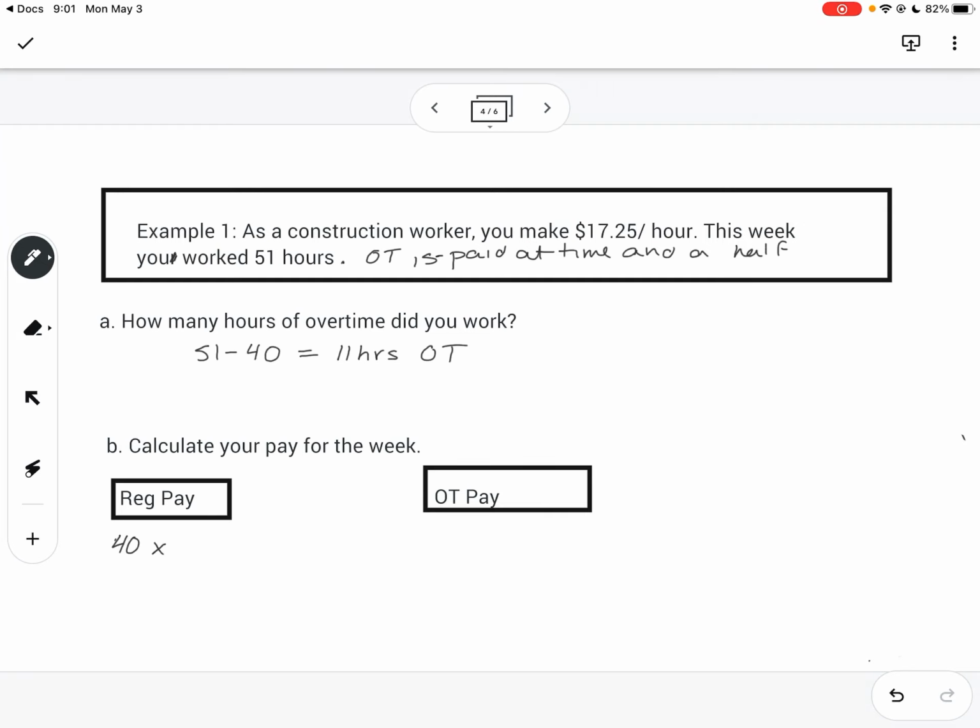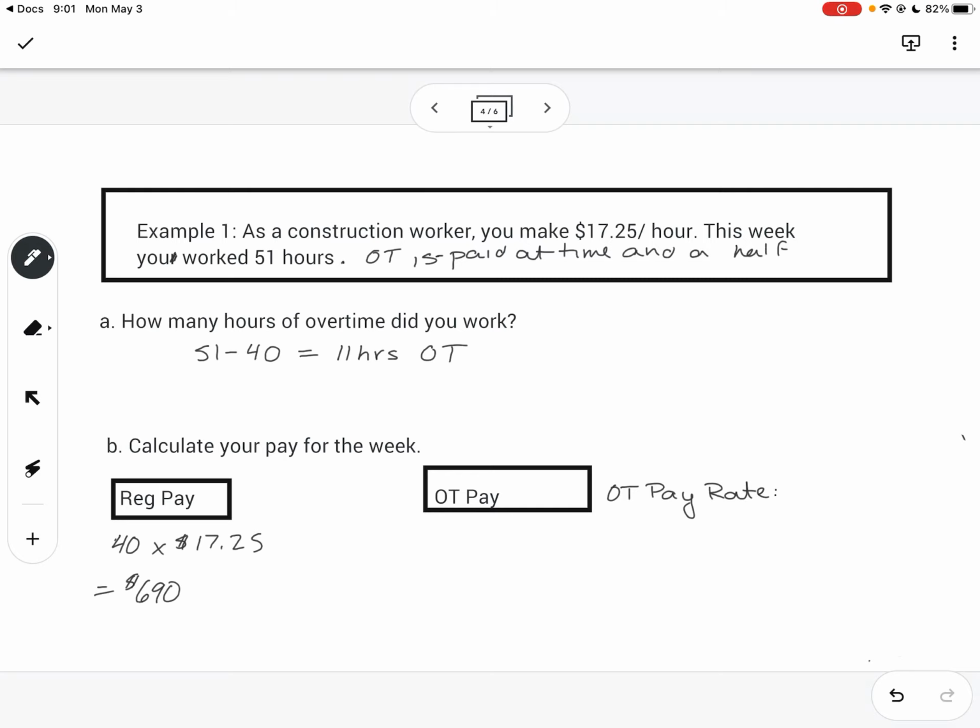Once I've done that, now I'm going to calculate my regular pay. So 40 hours times $17.25 is going to give me $690 for my regular pay. Then I'm going to need to figure out my overtime pay. Before I do that, I need my overtime pay rate.